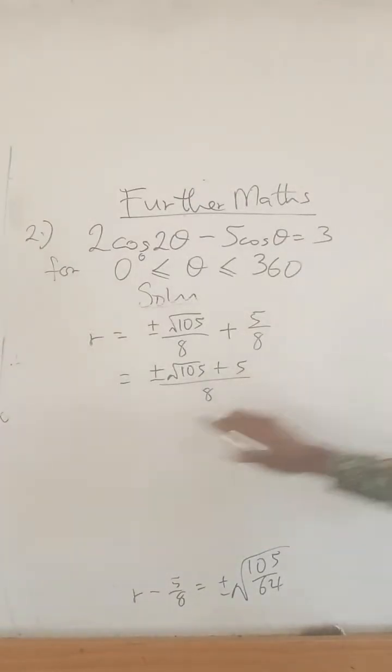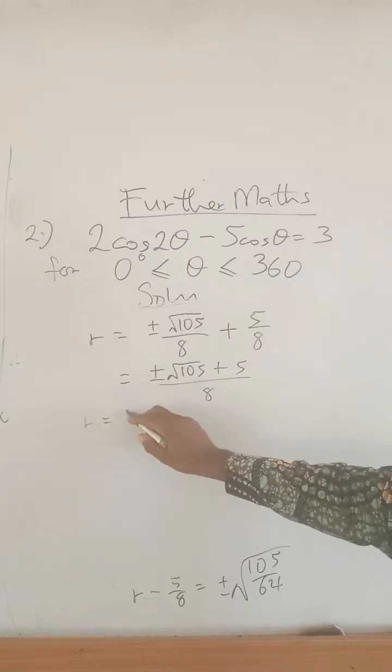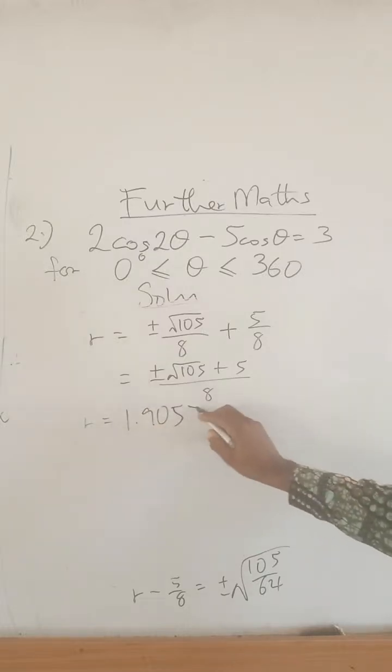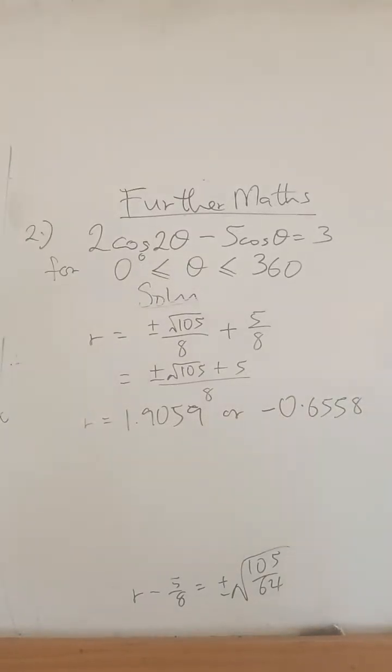R equals, let's start with the positive, 1.90559 or minus 0.6558. These are the values of R.